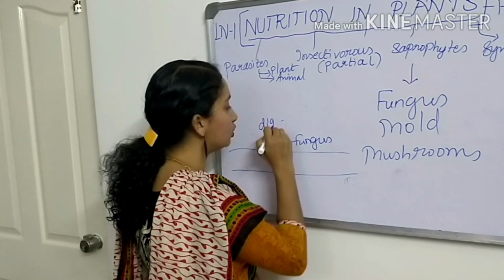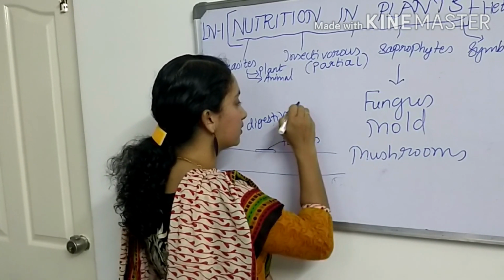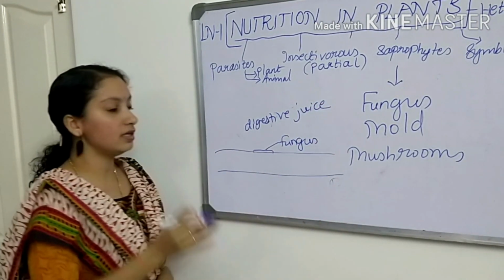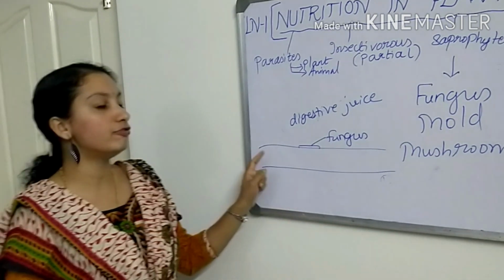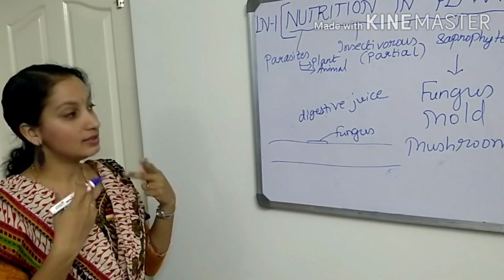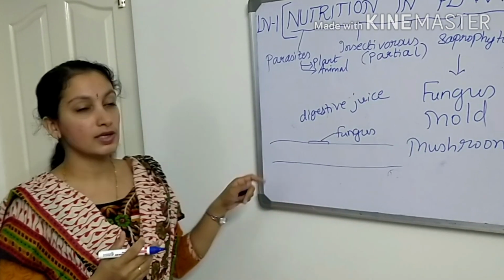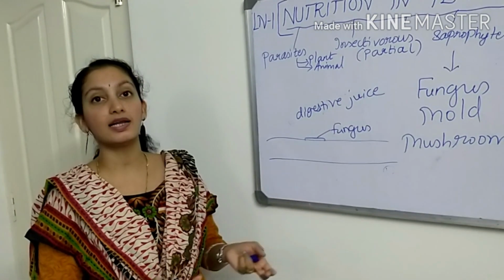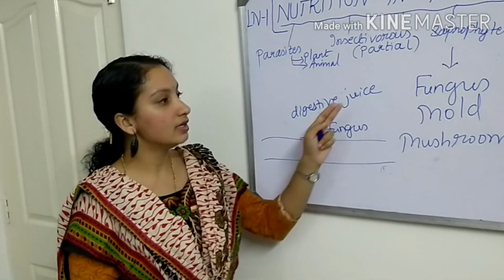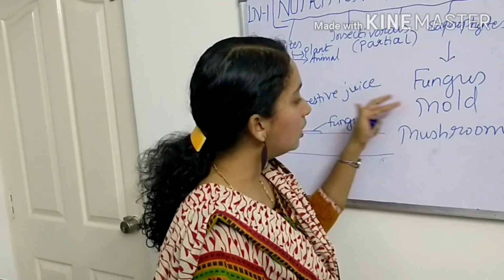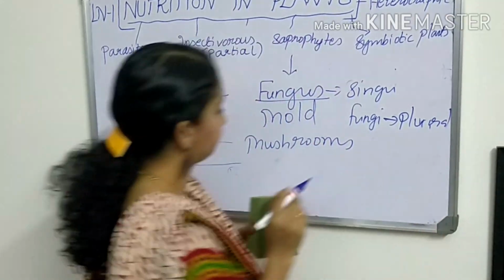It starts breaking down its nutrients and deriving nutrition from this decaying matter. So the organic compounds are absorbed from this decaying matter by these fungus, mold or mushrooms.